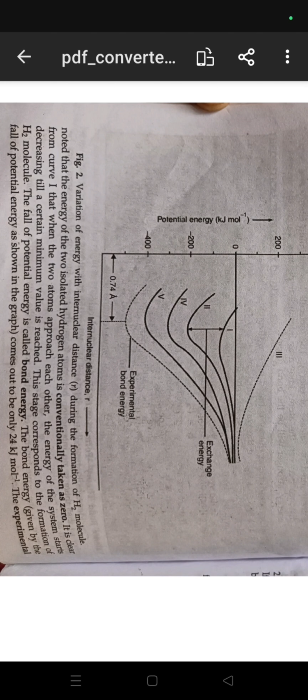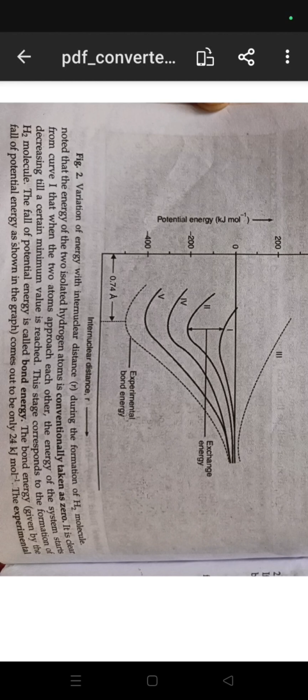It is clear from the curve that as the two atoms approach each other, the energy of the system starts decreasing till a certain minimum value is reached. This stage corresponds to the formation of H2 molecule. The fall of potential energy is called the bond energy.